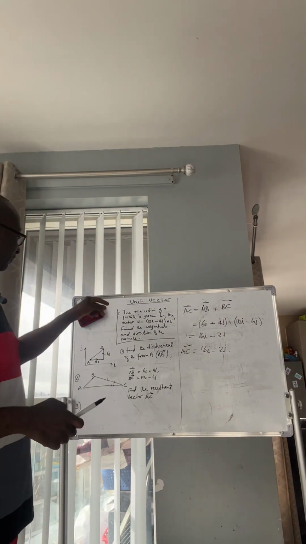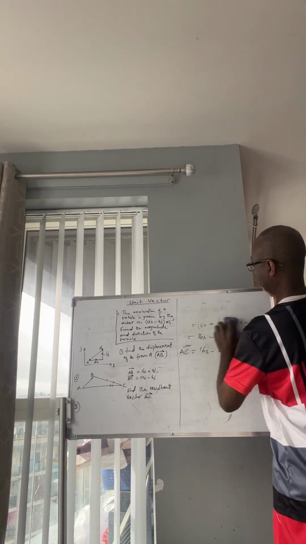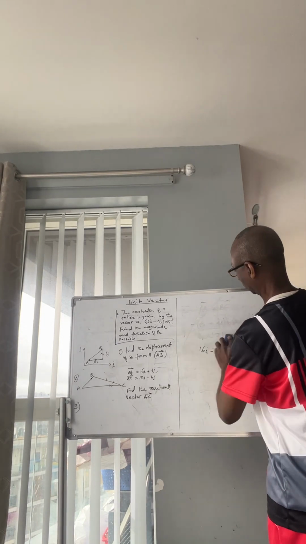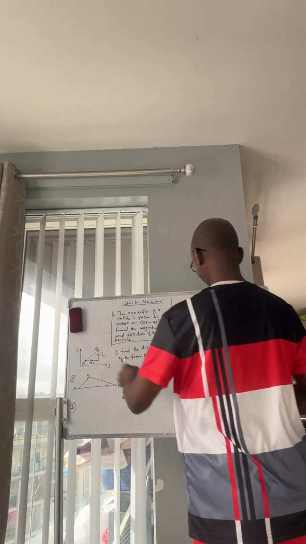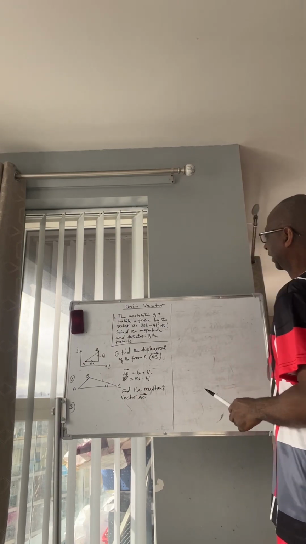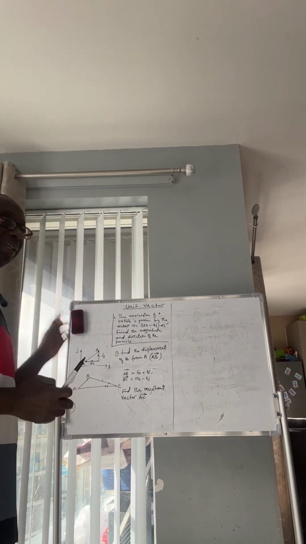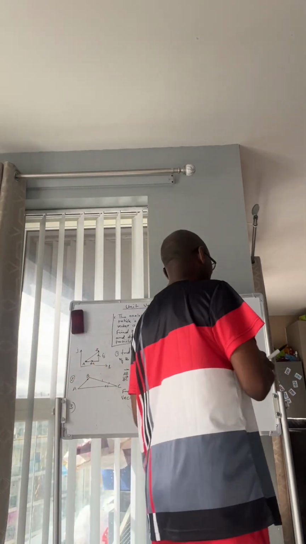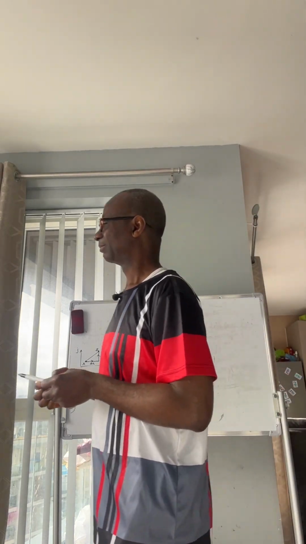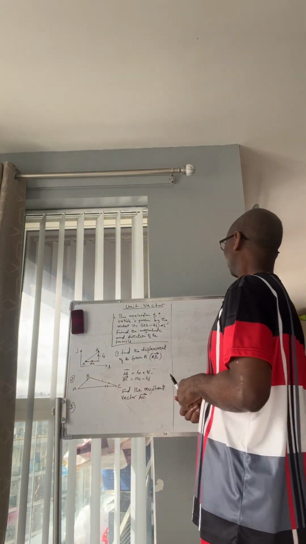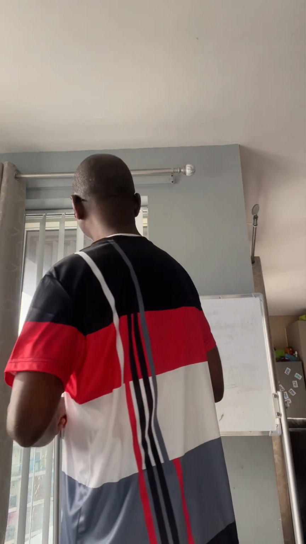Let's look at number 3. What does number 3 say? Number 3 says the acceleration of a particle. A particle could be an aeroplane, could be a rocket, going up into space.